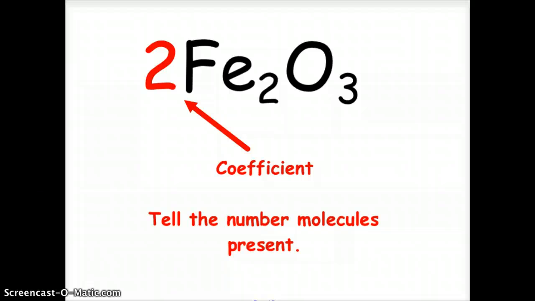In this case, our coefficient tells us how many molecules are present. So we have 2 molecules of rust, or 2 molecules of Fe2O3, and each molecule would have 2 irons and 3 oxygens.